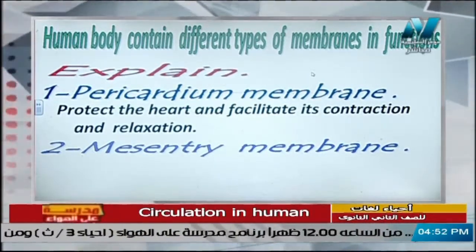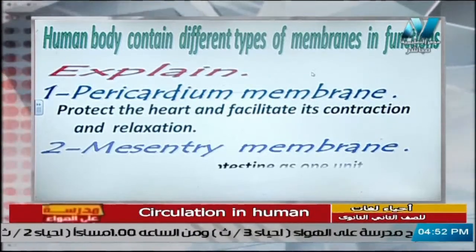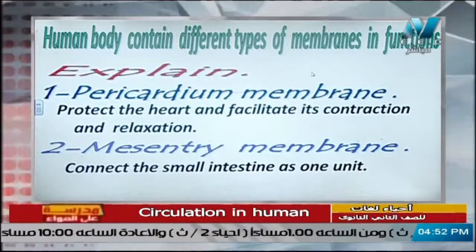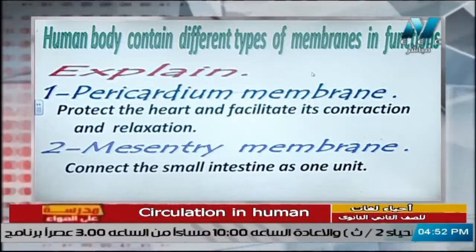It covers and connects the small intestine as one unit, making the whole small intestine like one part. We studied mesentery as a membrane in the first secondary, as connective tissue, which connects the different organs. So in the curriculum I have one mesentery in the digestive system and another in the circulatory system.